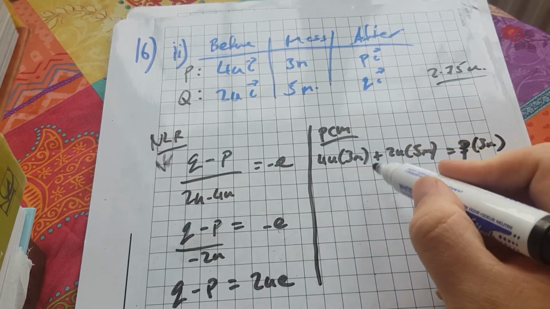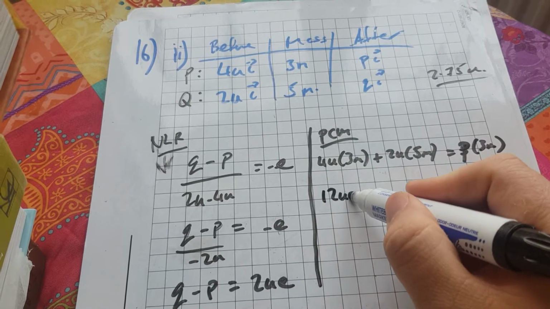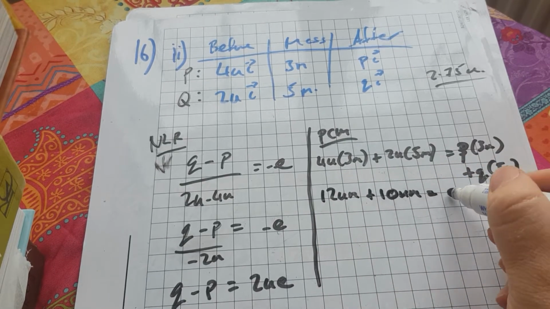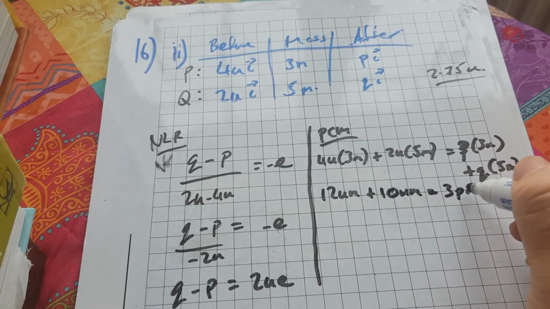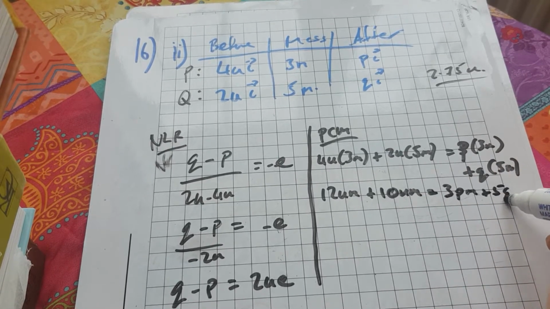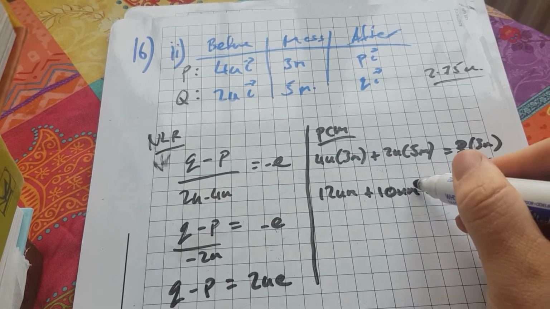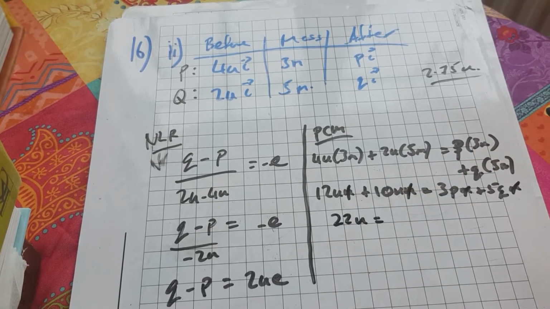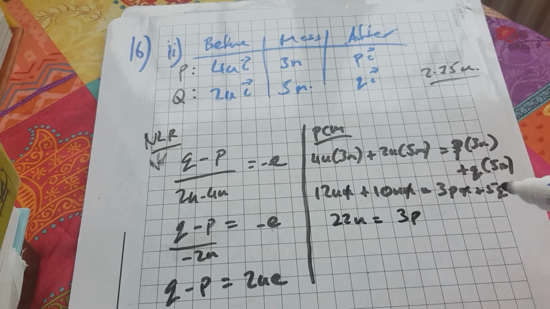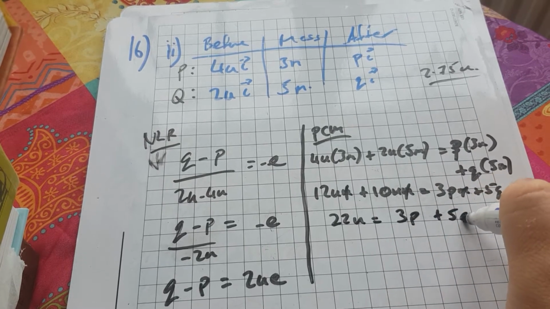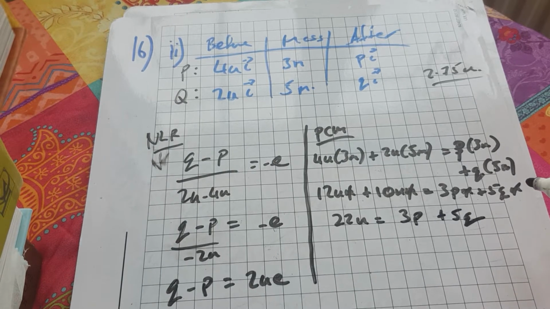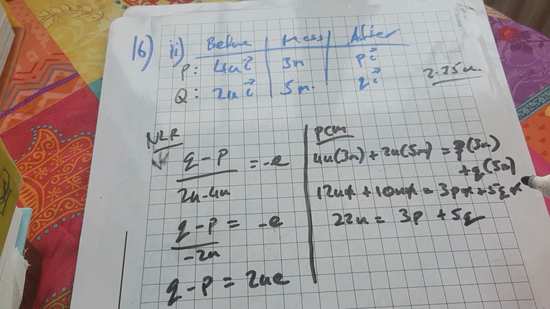So I'm getting 12UM plus 10UM equals 3PM and 5QM. Now you can divide across by M because there's an M in every term. So 22U equals 3P plus 5Q. Okay, now I'm just interested in Q. I'm not interested in P at all.